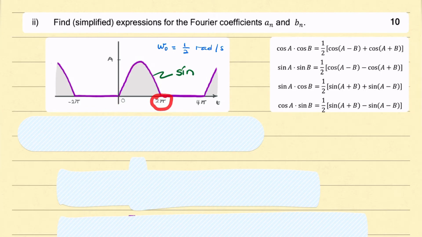But it looks like it's a sine wave with a period of 4 pi rather than 2 pi. So it covers half a cycle in 2 pi. So the sine wave itself would have looked something like that.